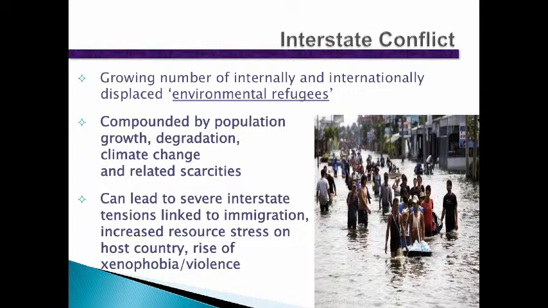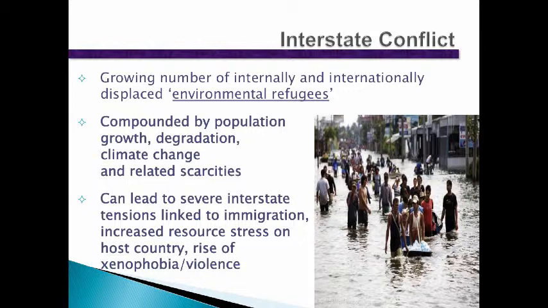And the danger, of course, for interstate conflict is that this can lead to tensions, particularly when environmental refugees are fleeing across borders into other countries. Oftentimes, this can create a major issue for that host country. It creates a major stress on their own resources, as they now have to look after refugees in addition to their own populations, and they might not already have enough resources to go around for the people in their own country.